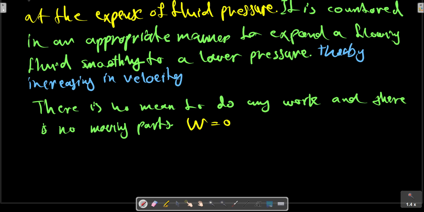There is little or no change in potential energy and usually little or no heat transfer.